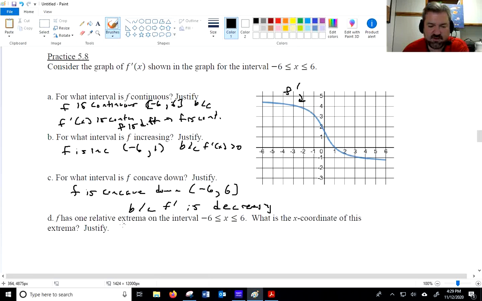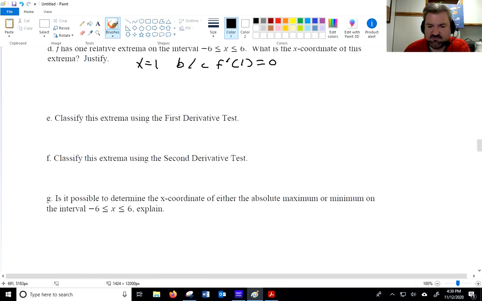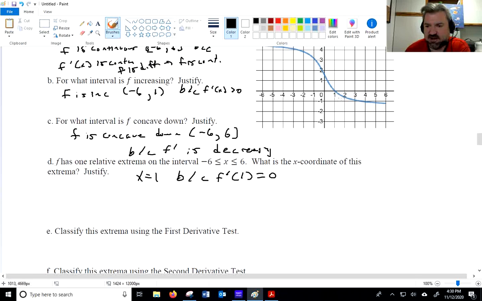So f has one relative extrema on the interval at -6 to 6. What is the x-coordinate of this extrema? Well, that's x equals 1 because f prime of 1 is equal to 0. And we know that it changes from positive to negative. We're going to classify this using the first derivative test. If you look at the graph, f prime goes from positive to negative.